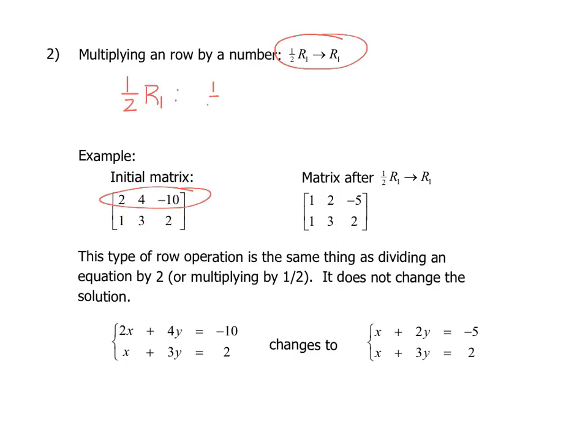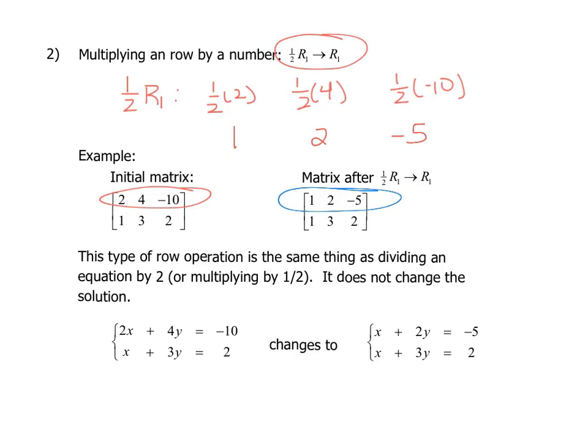So we're doing 1/2 times 2, 1/2 times 4, and 1/2 times -10. So we would end up with the numbers 1, 2, -5. And you can see that is what we have in our new row 1.